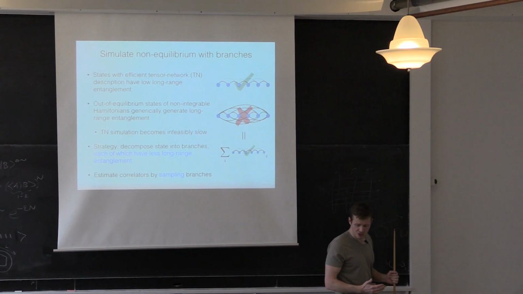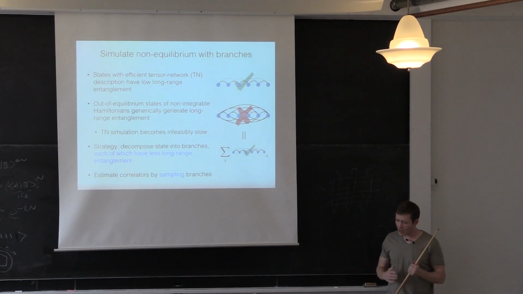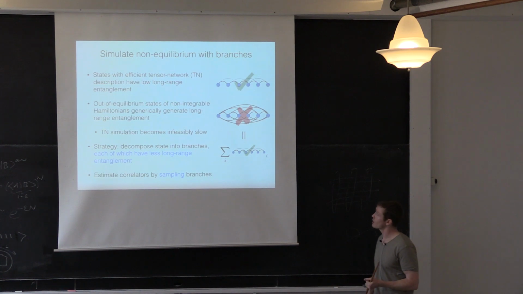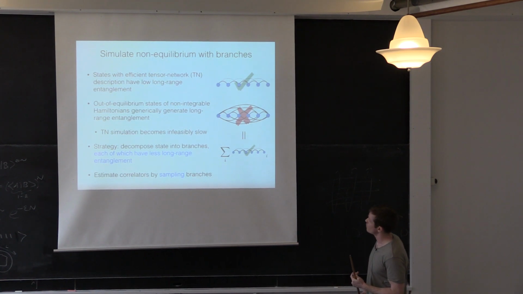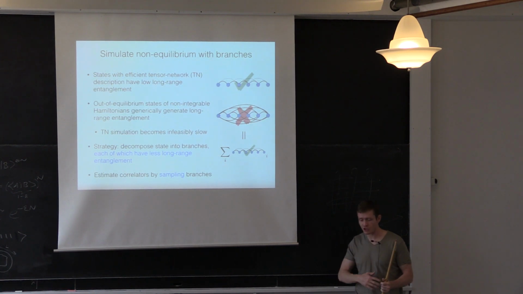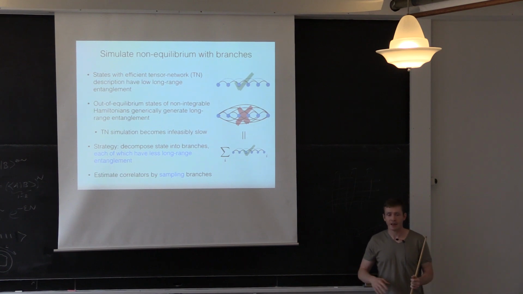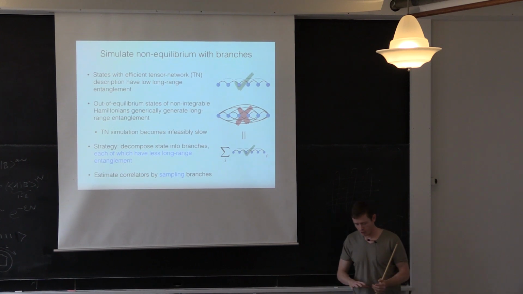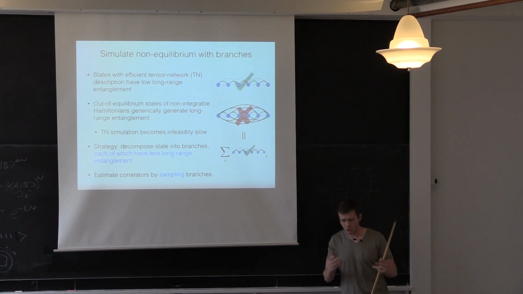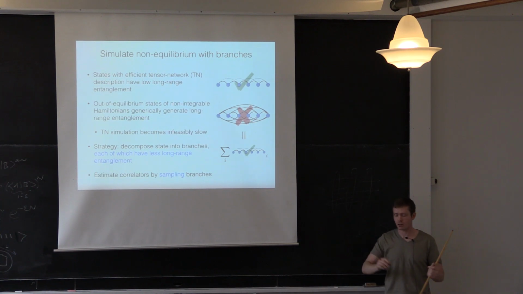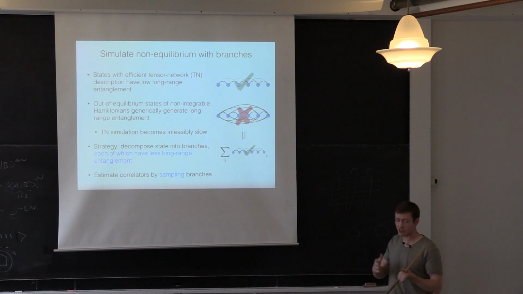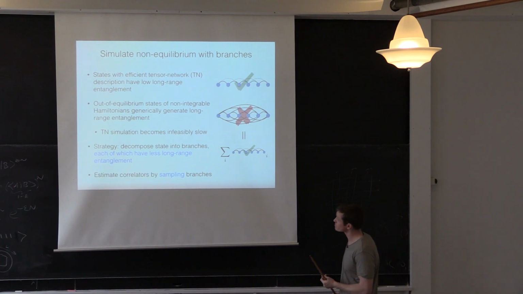Out of equilibrium states of non-integrable Hamiltonians generically generate long-range entanglement. And you know that they eventually have to do this because they eventually will reach equilibrium, and then they have to be hard to describe. So even when you start them in some sort of nice, clean structure, in your numerical simulation the bond dimension will have to get too big, and the simulation will get too slow.